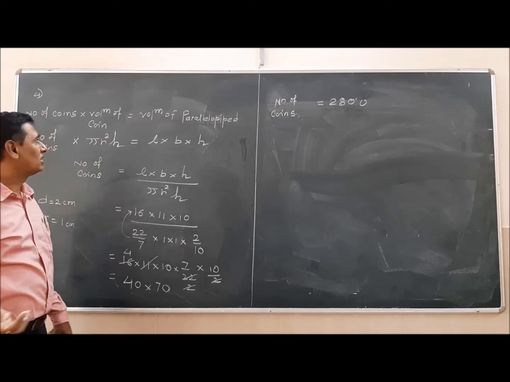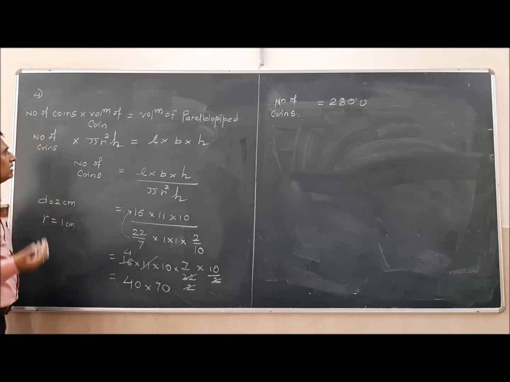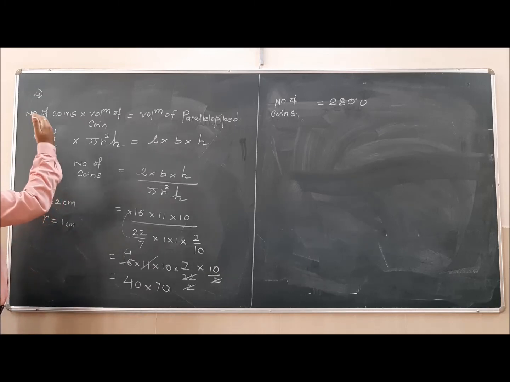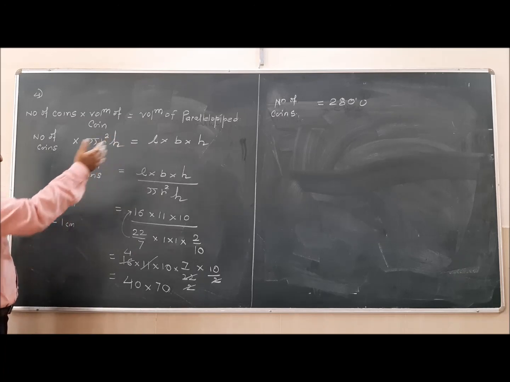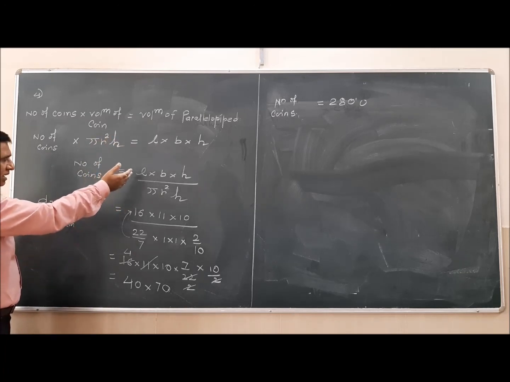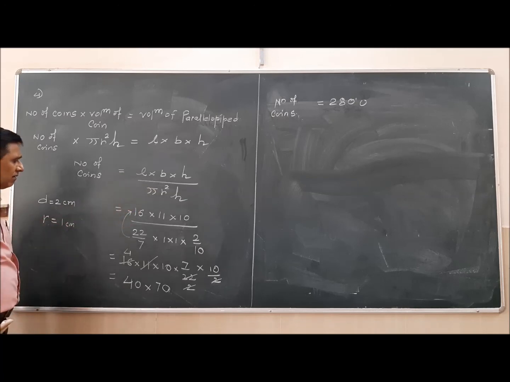The previous one and this one are one and the same, because in this case the parallelepiped has been melted and converted into coins. We have to calculate the number of coins. So the volume of coins is equal to the volume of the parallelepiped. Number of coins is L B H upon pi r square h. L is 16, 11 into 10. The value of pi is 22 upon 7. The diameter is given as 2, so the radius is always 1.